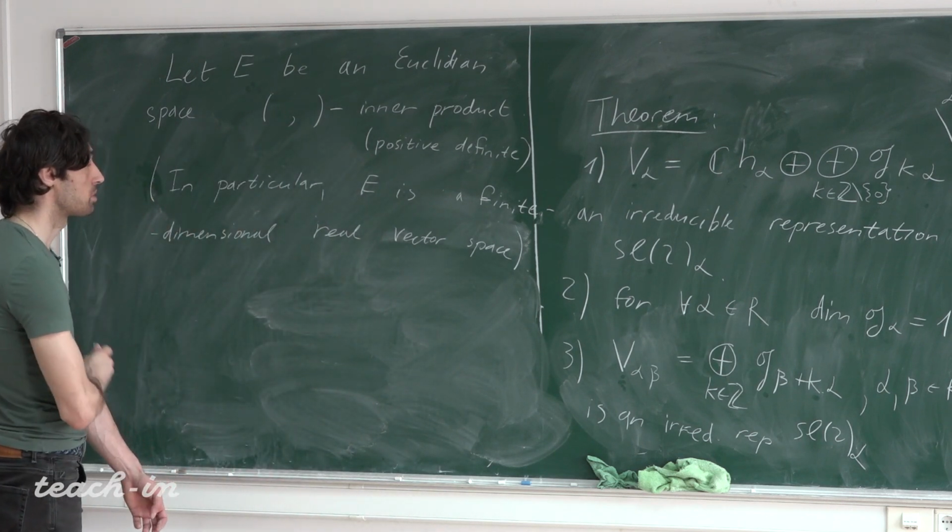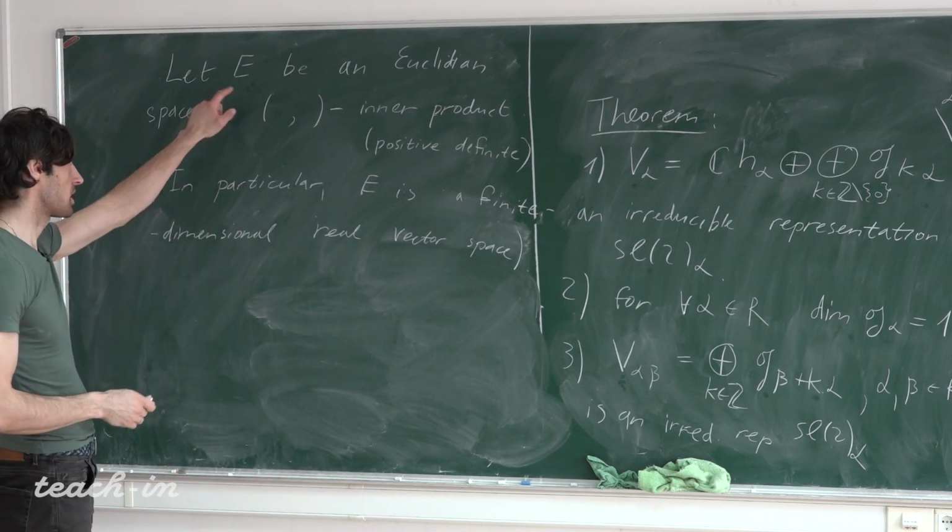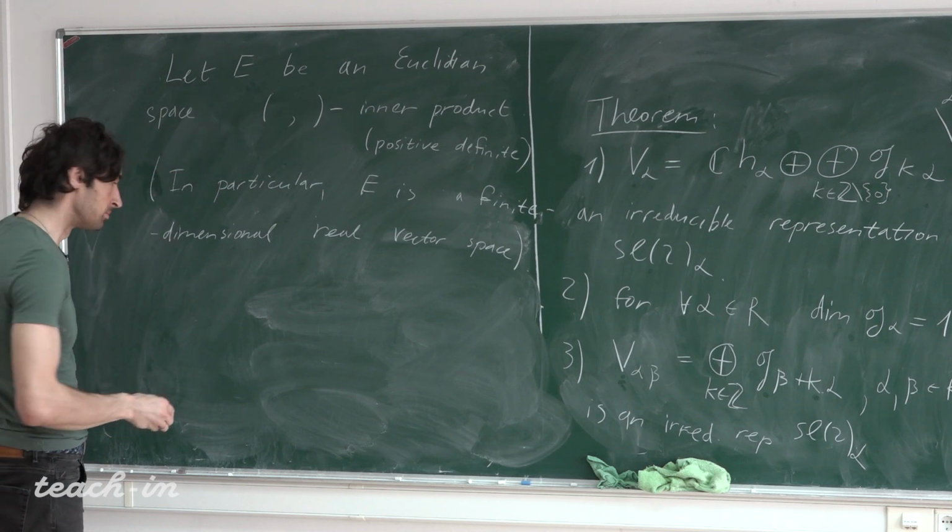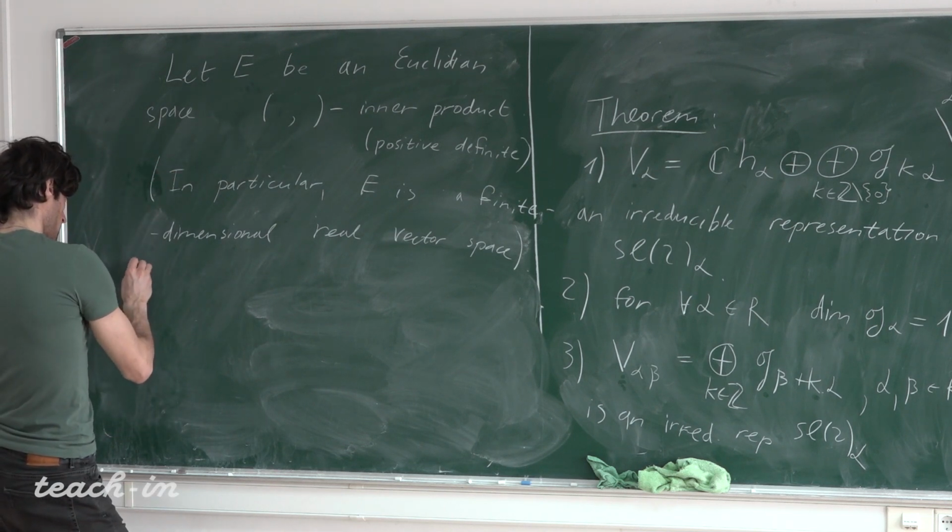Okay, and abstract root system is a subset of E. So a finite subset.